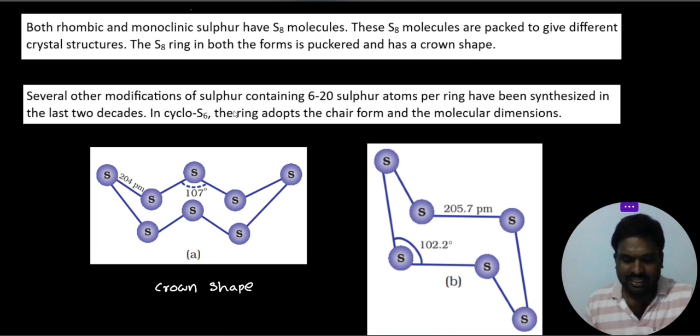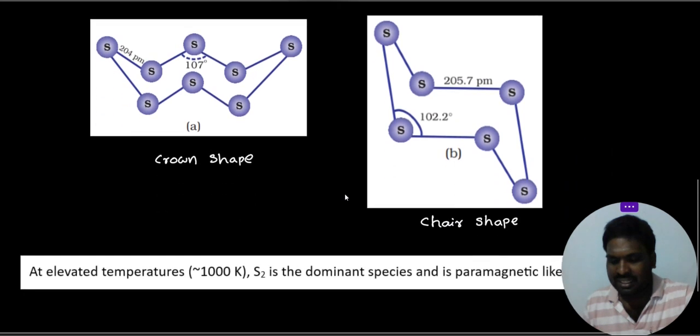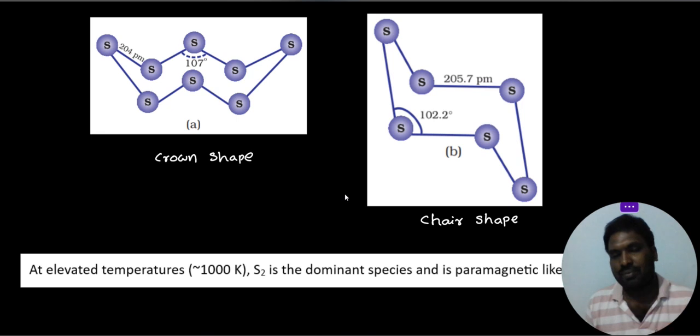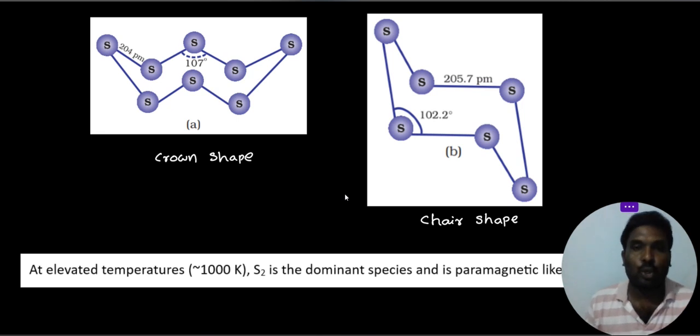Next one, in cyclo S6, the cyclic form, the ring adopts a chair form. So remember, S8 is crown shape, whereas S6 is chair form. These are the stable allotropic forms.